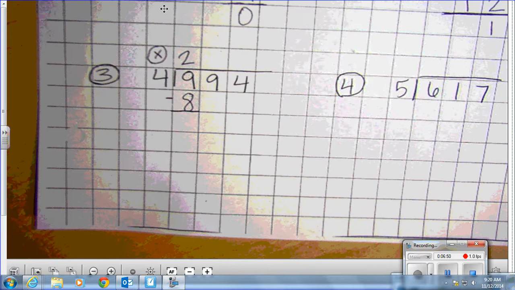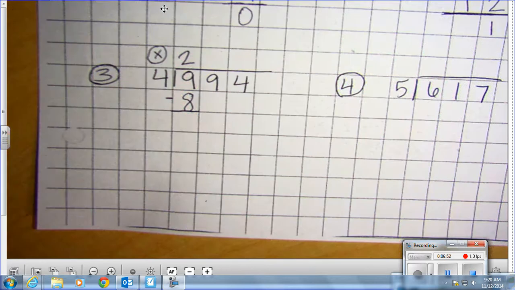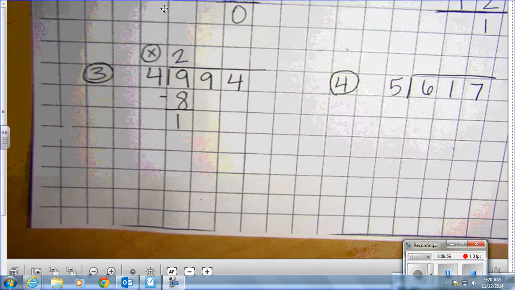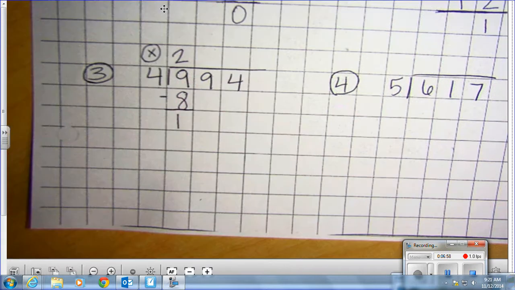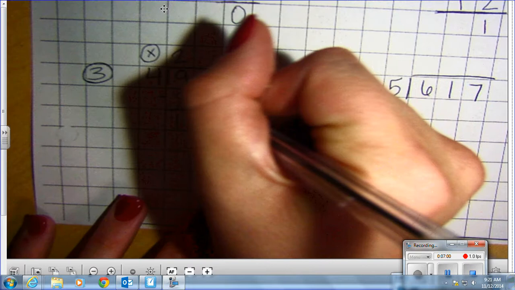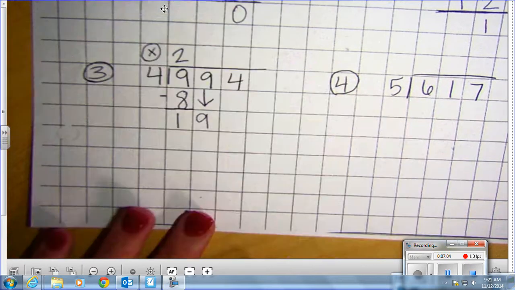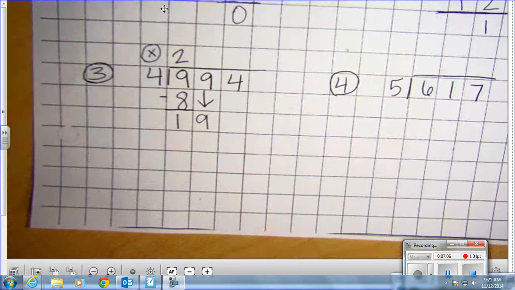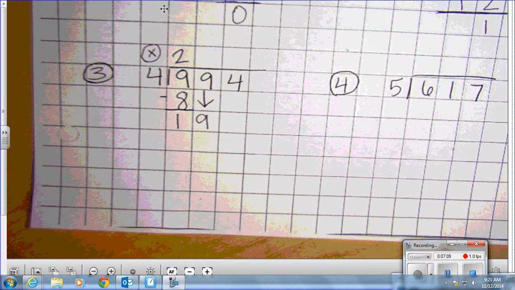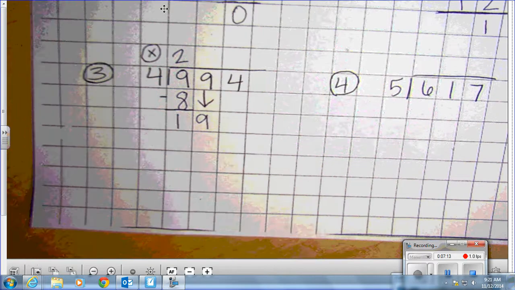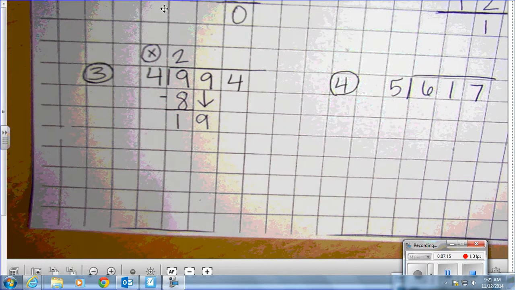What do I get when I subtract those two numbers? 1. So I divided, I multiplied, I subtracted, and now I bring down the 9. What's my brand new number? 19.